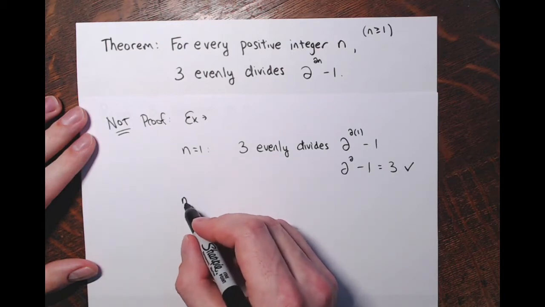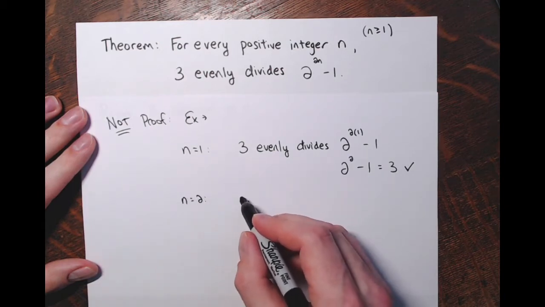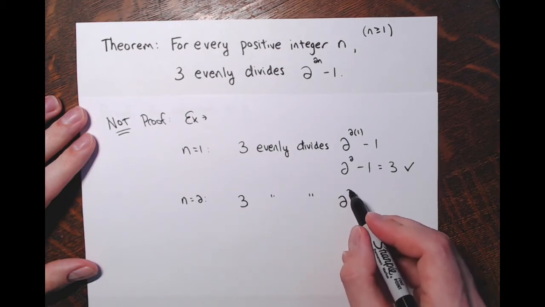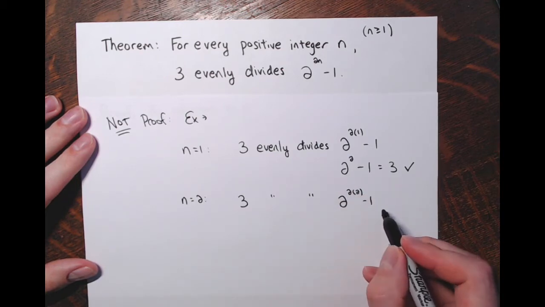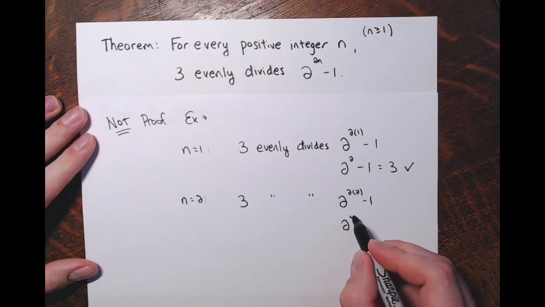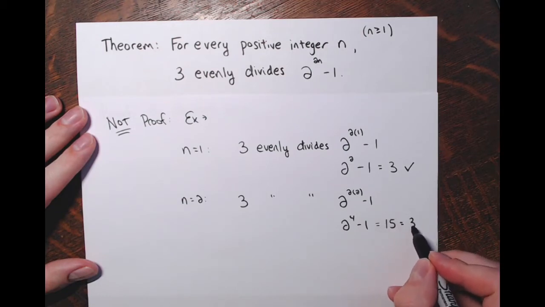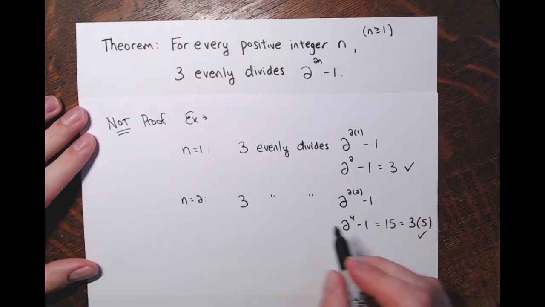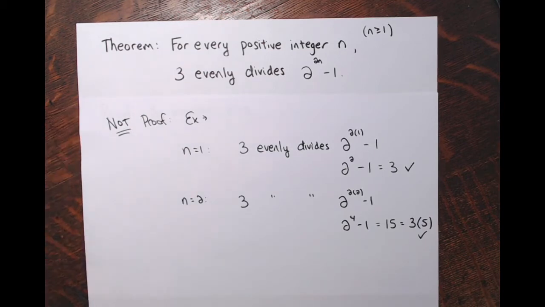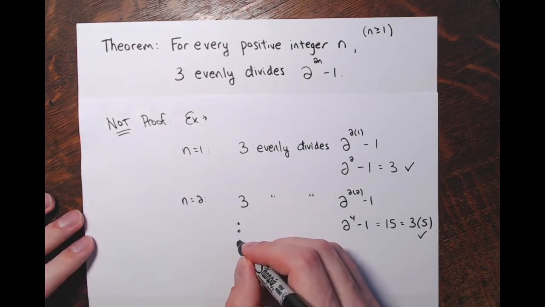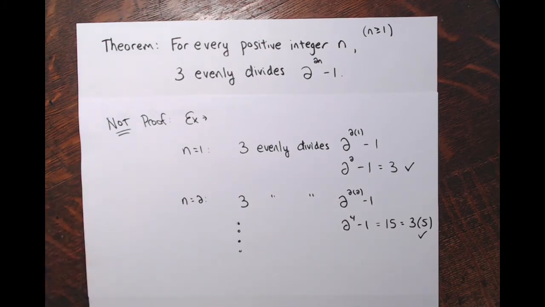How about when n equals 2? Does 3 evenly divide 2 to the 2 times 2 power minus 1? Well, this would be 2 to the 4th minus 1. That's 16 minus 1. That's 15. That's 3 times 5. Yes, 3 goes into that evenly. So again, this is not a proof. You could do it for n equals 3, n equals 4, and see if the statement is true.